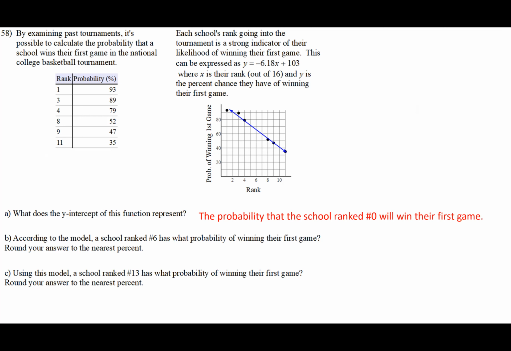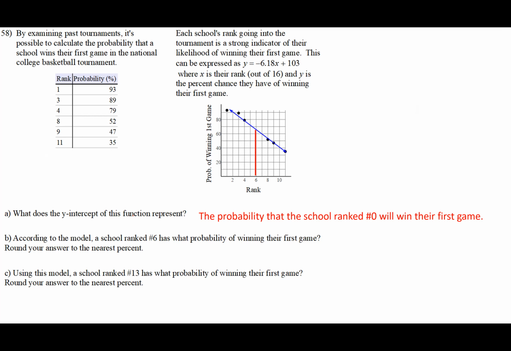Now let's take a look at example B. According to the model, a school ranked number 6 has what probability of winning their first game? Okay, ranking number 6. On the table, I don't have ranking number 6, so that's why I'm going to use my graph. Ranking number 6 is right here.